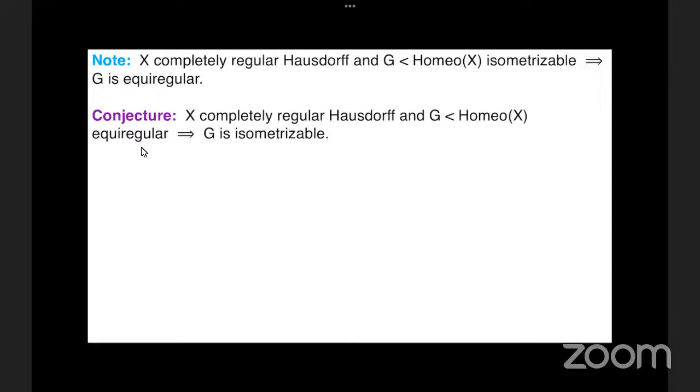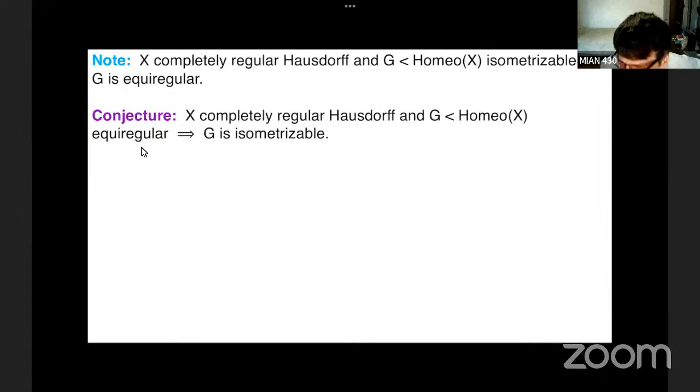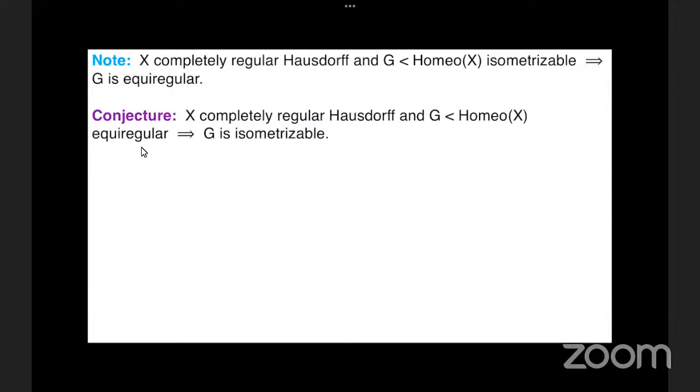But yes, equiregularity is this strange condition. But for proportionals, I just don't see how it relates here. It is a different problem which might not be so related to this argument. But I don't know.